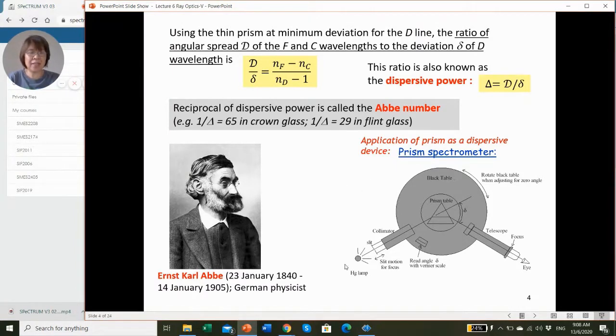And this is a simple diagram of the prism spectrometer. The prism is placed at the center, and rays from the light source pass through the slit and are collimated. Then this ray is refracted through the prism and collected by the telescope and brought to view by your eye.